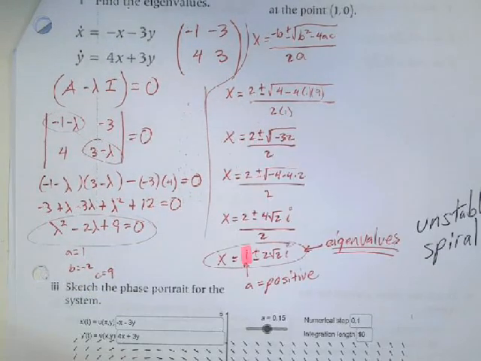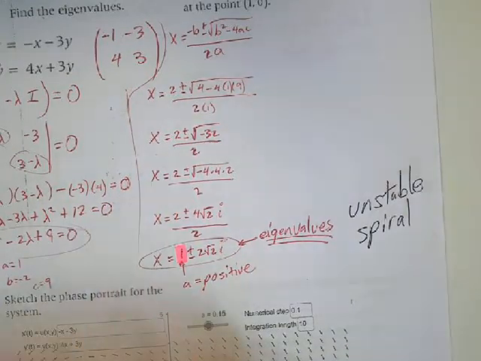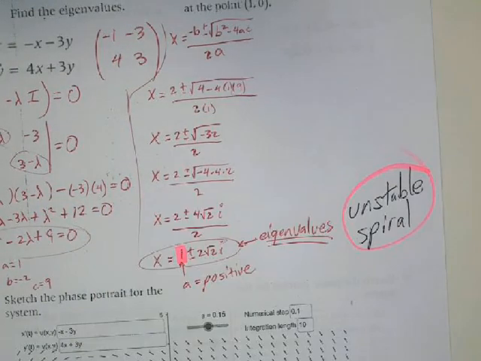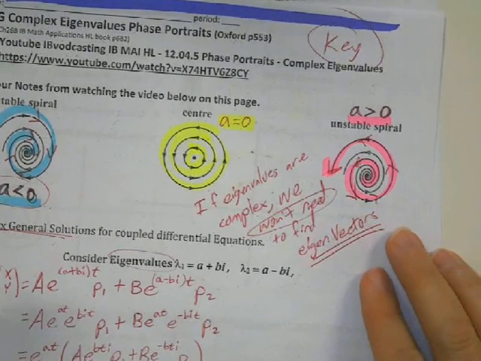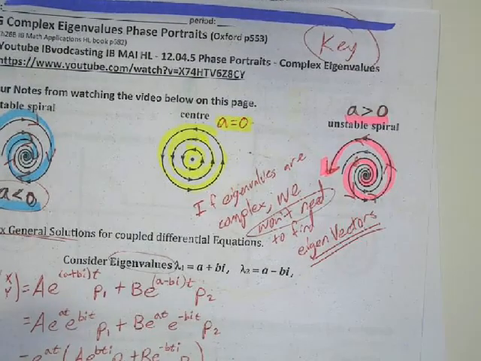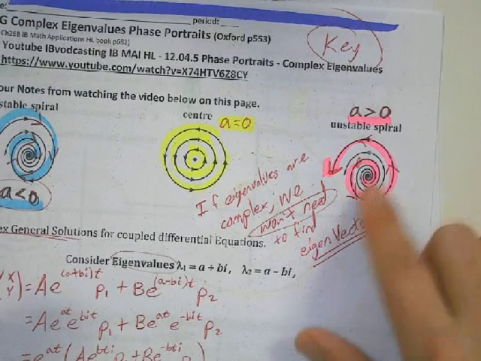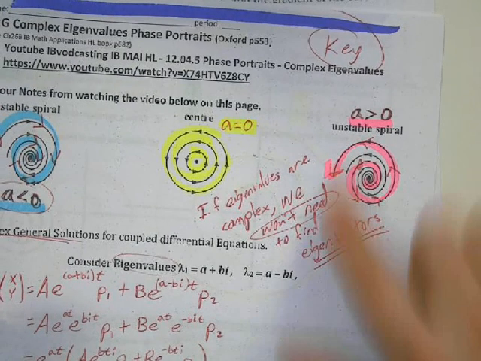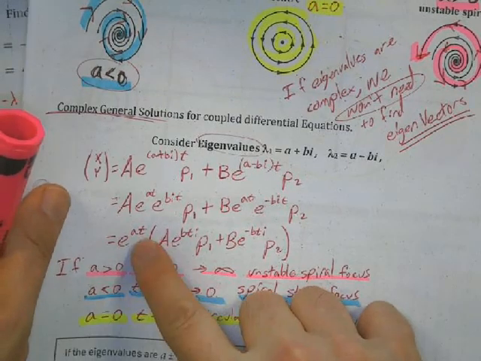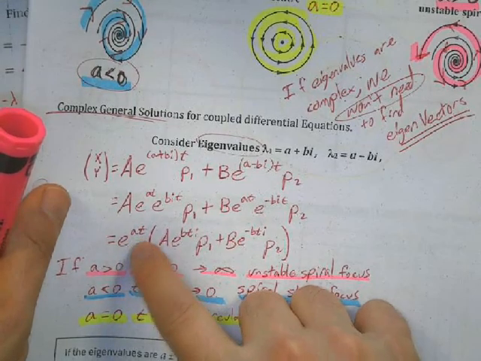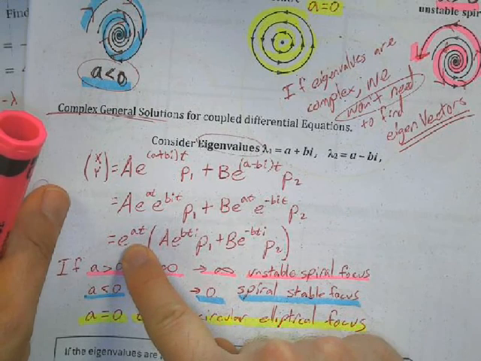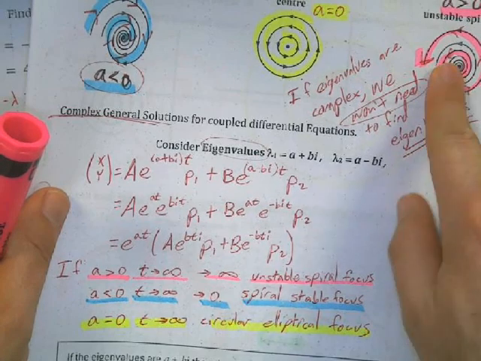And when we have our unstable spiral, if we look at our sheet from Pablo, you can see that it's going to go outward, okay? Because the e to the at, if this is positive, this just keeps getting bigger and bigger and bigger, which is why it gets unstable and goes outward.